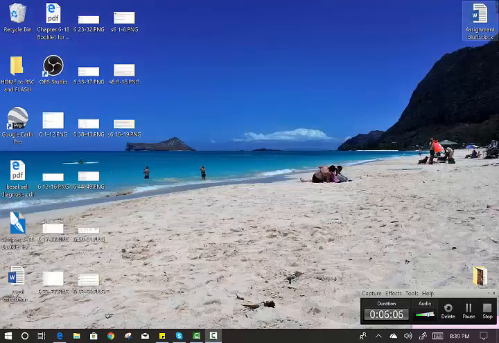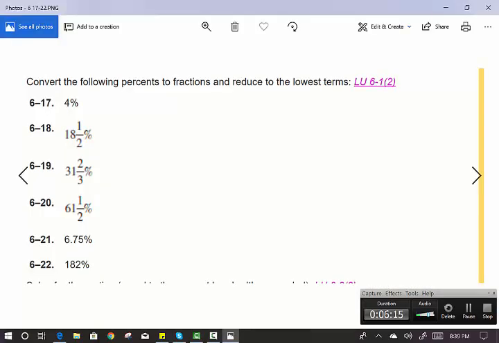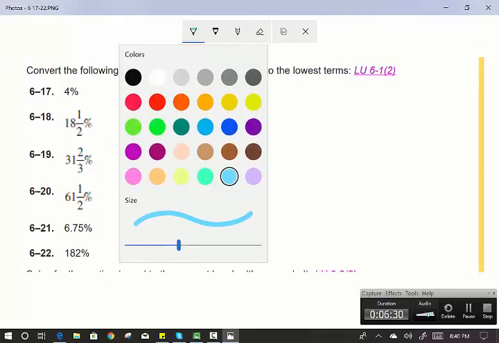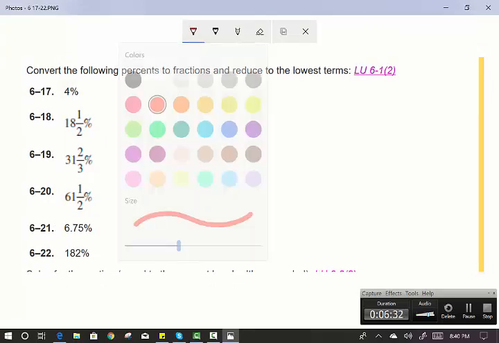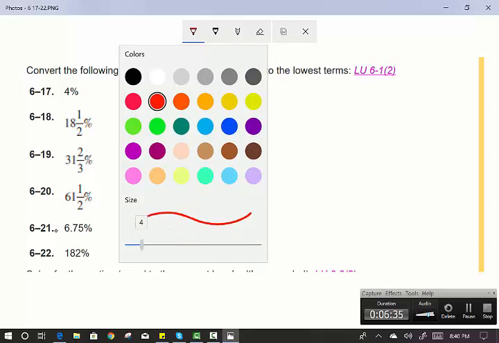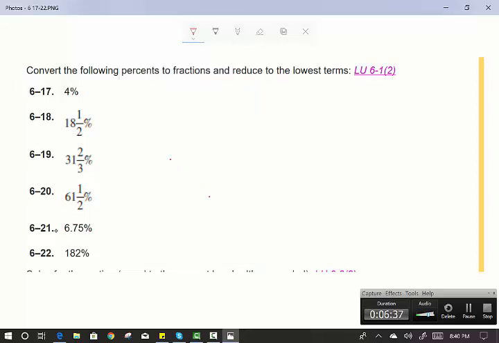Okay, let's go ahead and take a look at the next group, number 17. We're going to convert the following percents to fractions and reduce down to lowest terms. So on number 17, we have 4%, which is the same as 4 over 1 times 1/100th.